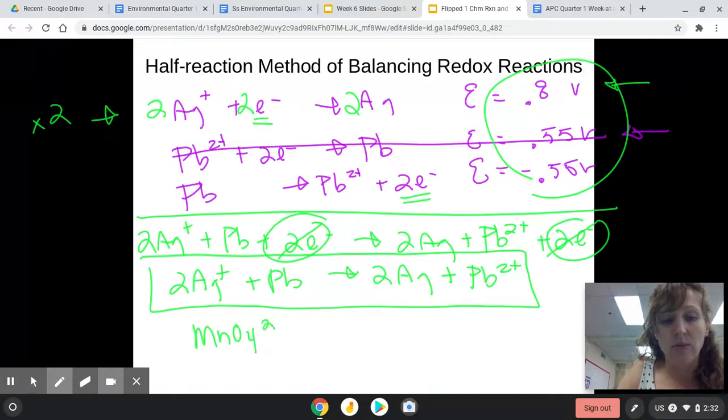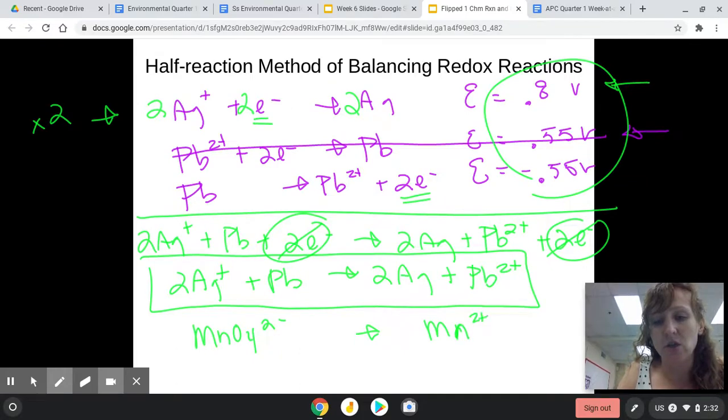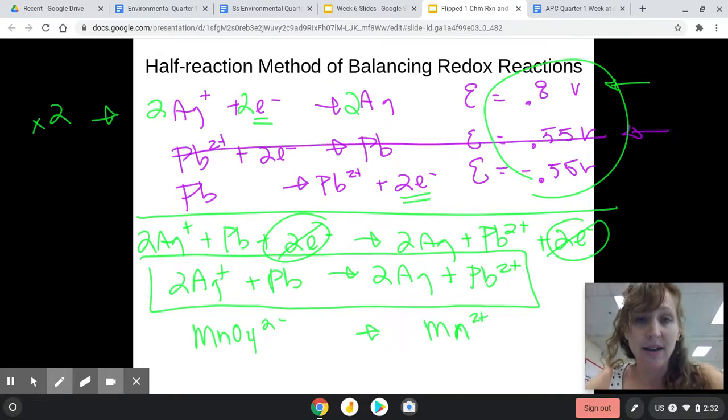We can have manganate on this side, but on the other side of the reaction, manganate actually gets changed into the manganese ion. So where does oxygen go? And you'll notice as you look through that chart, the same thing happens with hydrogen. Oxygen and hydrogen usually just drop out of these half reactions unexpectedly.